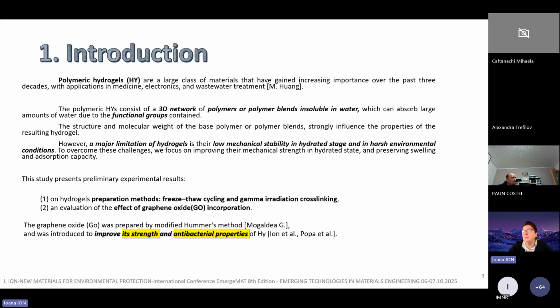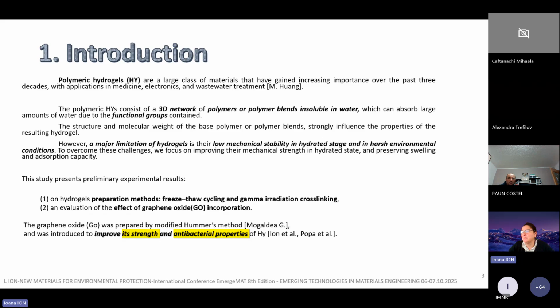Our study, the same, has the principal aim to improve the mechanical properties of hydrogel by adding graphene oxide, and to find a suitable preparation method, making a comparison of the properties of the hydrogel obtained by physical cross-linking by freezing thaw cycle, and the mixed method, which consists of freeze thaw cycle and the gamma irradiation cross-linking.